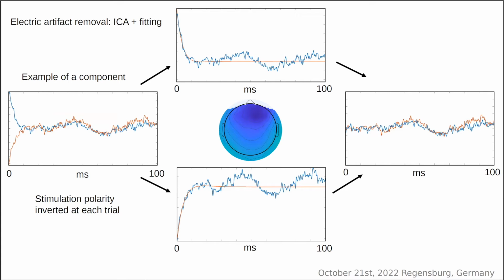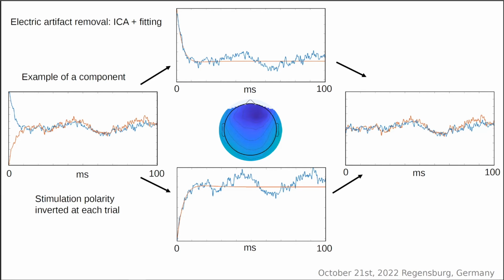So then I can use the artifact information when I use the subtraction through fitting, to see whether I'm introducing a bias by fitting, because also by fitting you might introduce a signal that is not there. But since I have the same stimulation reversed, I know that I'm not introducing a bias here.